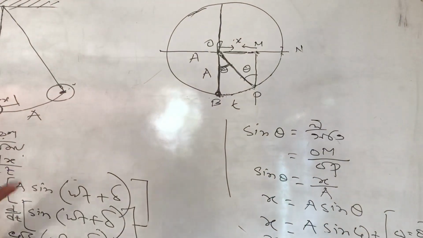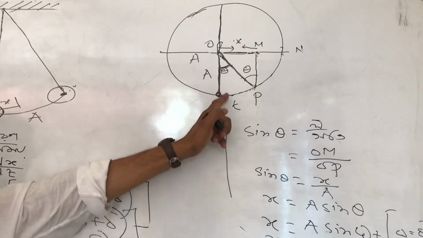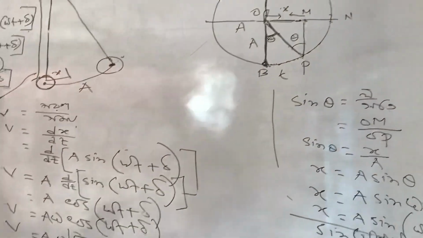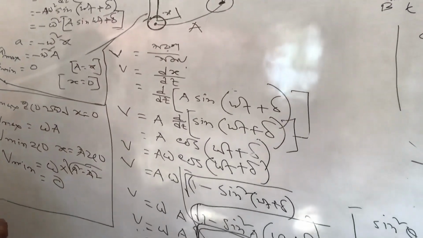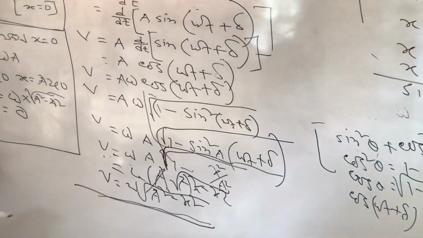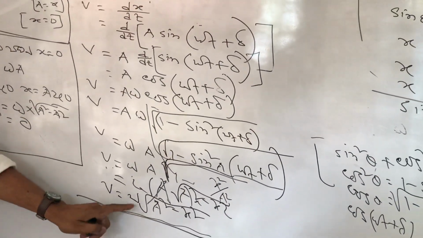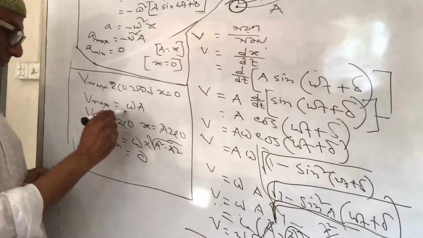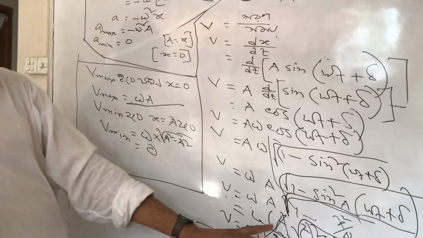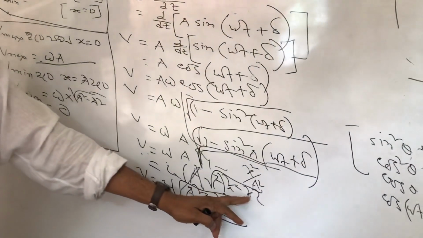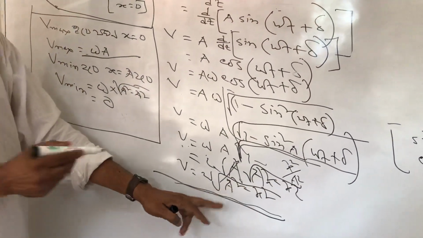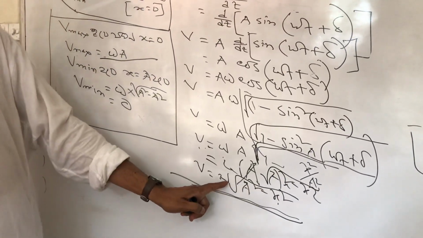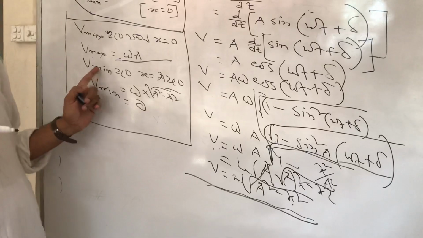When the bob is in the equilibrium position, x equals 0, and we will have the maximum velocity of the motion, omega A.